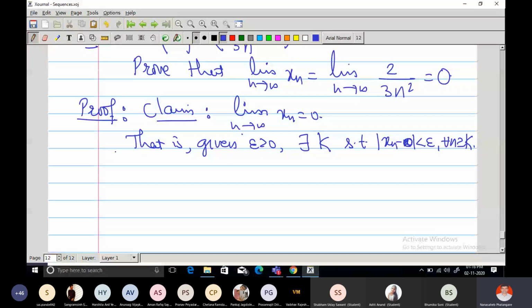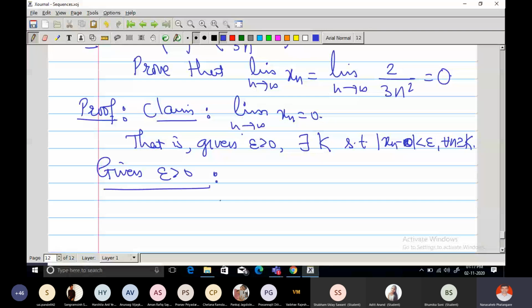Right. So once we are clear what we are going to do, what is the strategy? How to proceed? First we need to find epsilon, then no need to find. Somebody gives you epsilon and your job is to produce k. We don't need to find epsilon. We are given epsilon. When I say given epsilon means what?